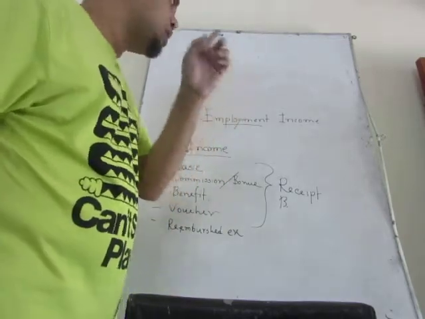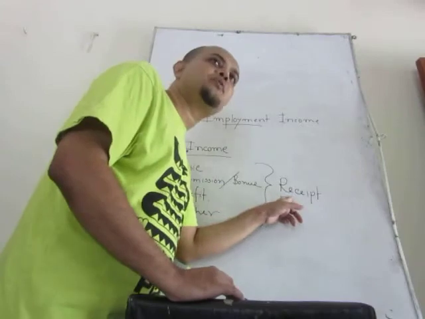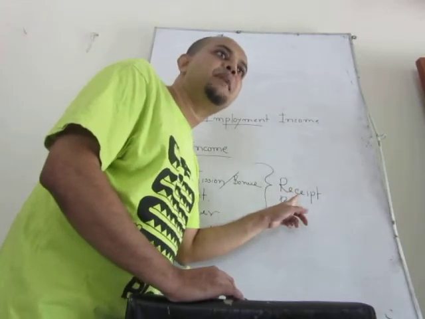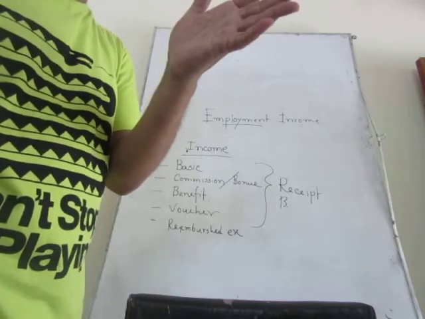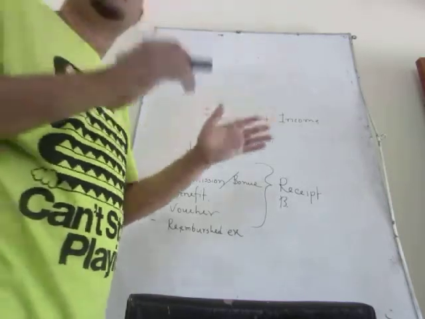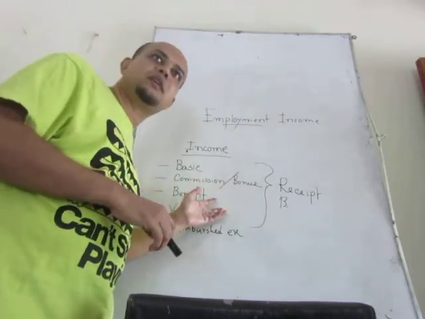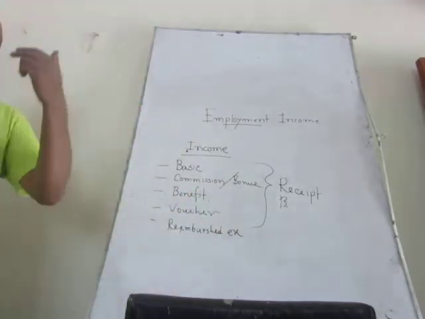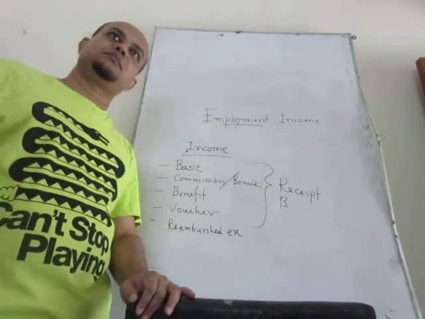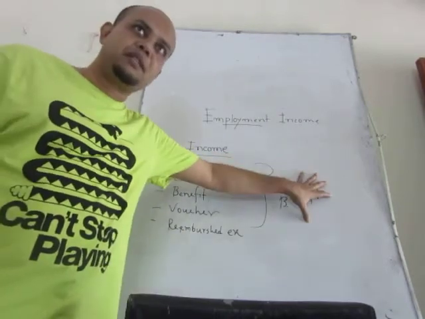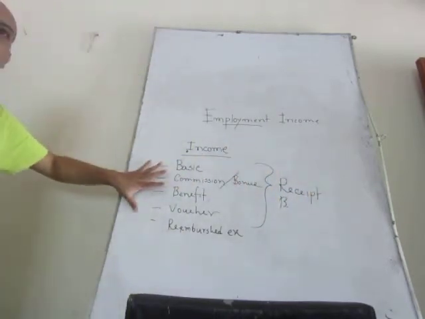But the fact is, you have to calculate this income on a receipt basis, receipt within the tax year. No kind of accrual income can be evaluated here. Accrual income means, for example, income generated, but it will not be provided until some future period. So depending upon the receipt basis, you have to calculate your total employment income.